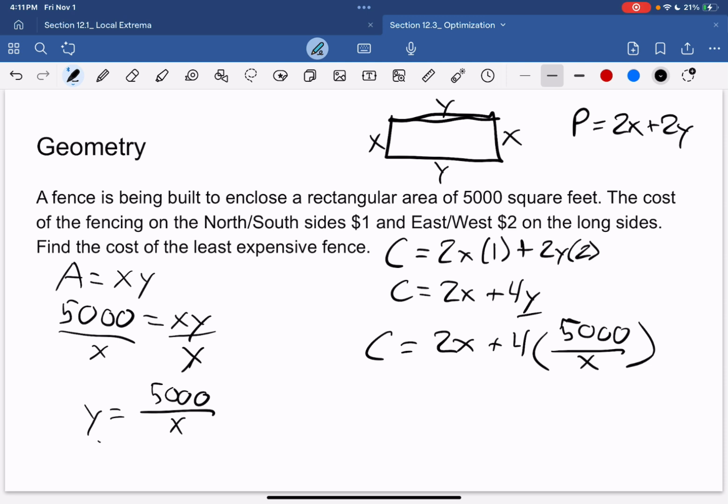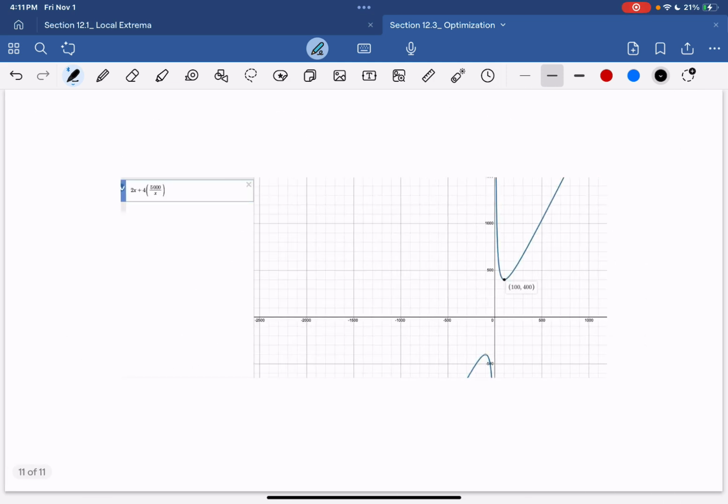Now at this point, I could take the derivative, set it equal to 0, solve for X, all that good stuff. Or I could look at it from a graphing standpoint. So let's graph this cost equation. I do get another potential value down here, which is that X is equal to negative 100.